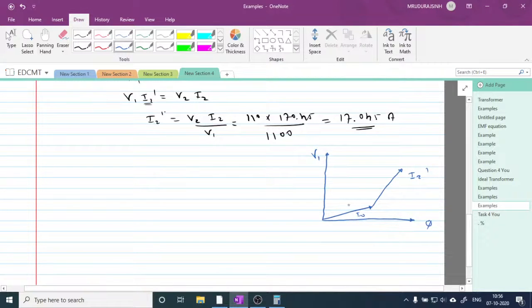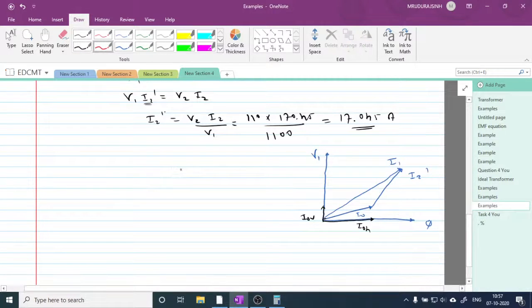Now how can we get this I1? To get I1, let me first draw the horizontal and vertical components of I0. The horizontal component of I0 we'll call I0H, and the vertical component we'll call I0V.